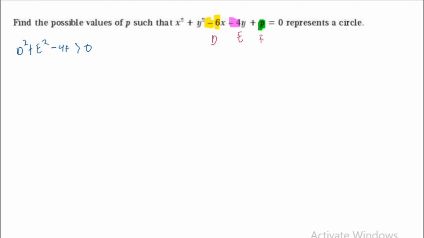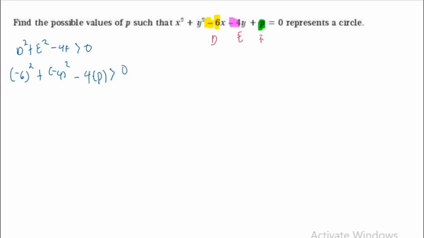So by substitution, we have the square of negative 6 plus the square of negative 4, minus 4 times the value of f, which is p, is greater than 0.